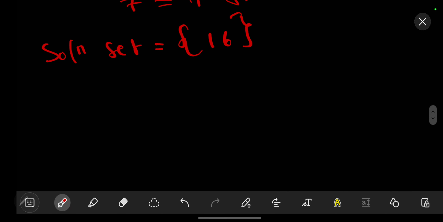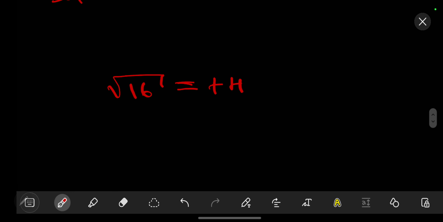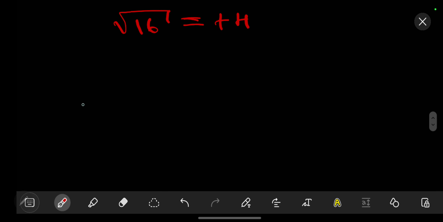One thing you need to know about solving these radicals is that if you have, let's say, the square root of 16, under this topic we are not going to say the answer is plus or minus 4. No, we are just going to consider the positive, so we have positive 4. So with that said, let's answer the second part.